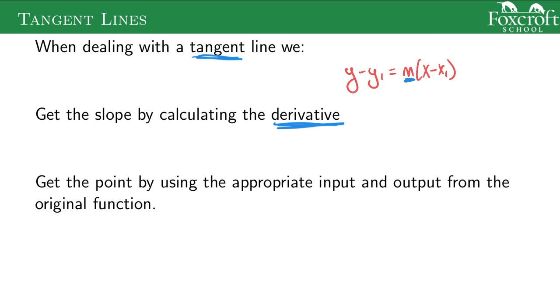So if I'm figuring out the derivative, I'm also finding the slope of the tangent line at the same time. And where's my point going to be? Well, a tangent line hits your function at that point. So you're going to use your original function in order to find the x and y value of that point. So you use the derivative to figure out the slope and the original function to figure out the x and y value.